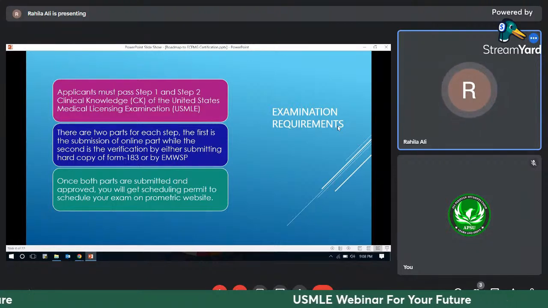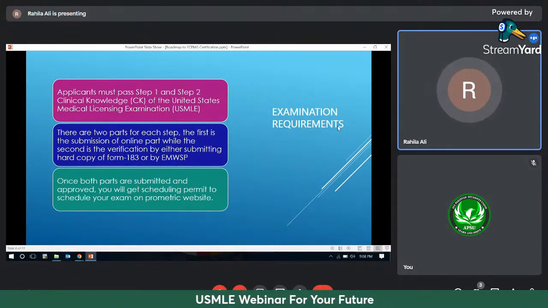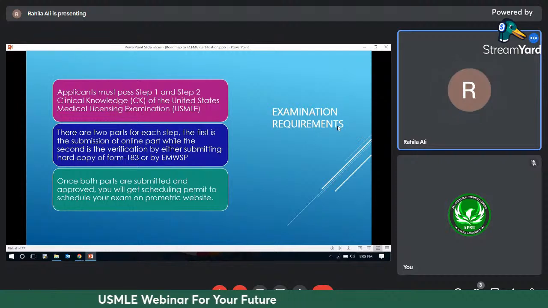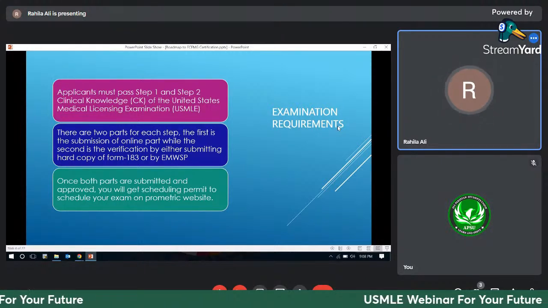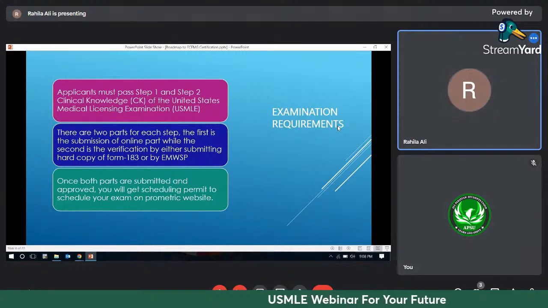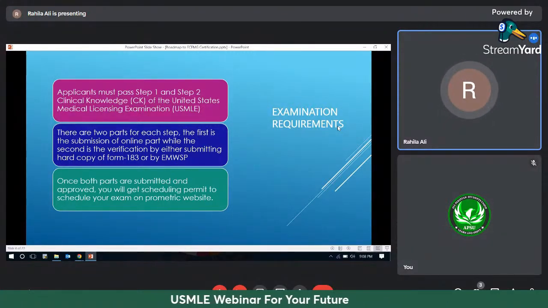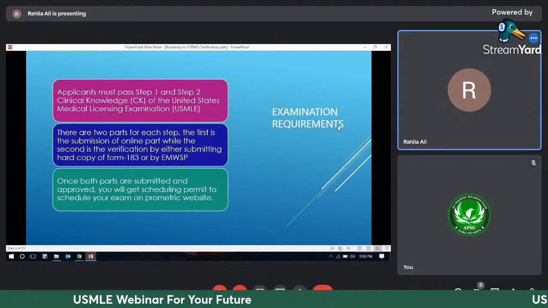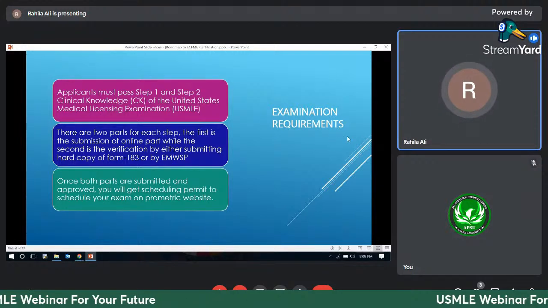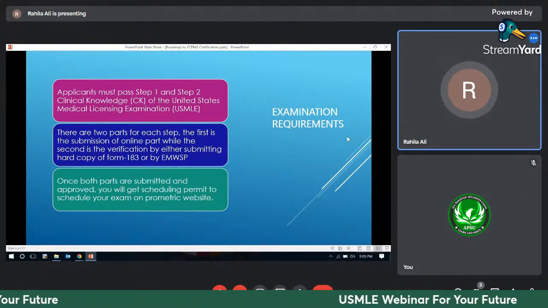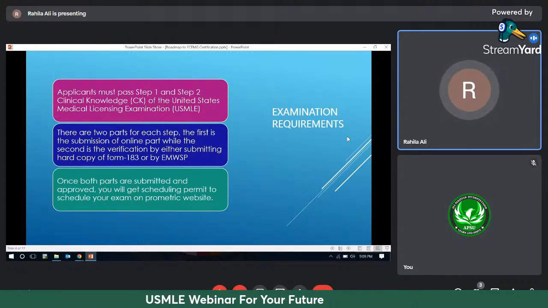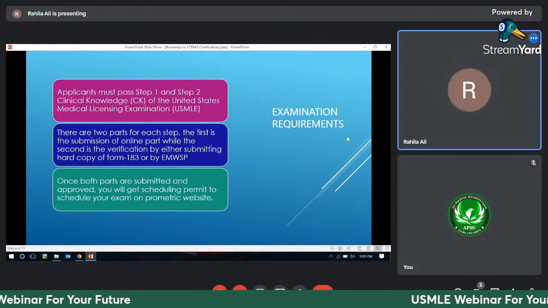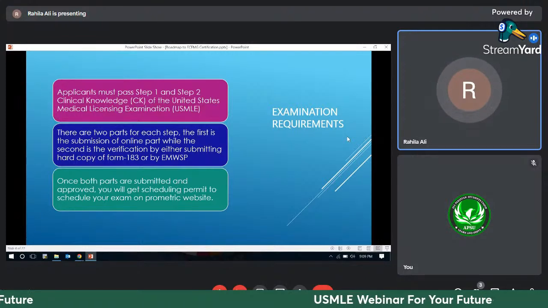One is you submit a hard copy: you go to your college, get it signed by your college, get the stamp there, and then submit it. The other is that you apply online and your college verifies it. Once both parts are submitted and approved, you will get a scheduling permit. Now you can schedule your exam on the Prometric website and choose any date that you want to give your exam.